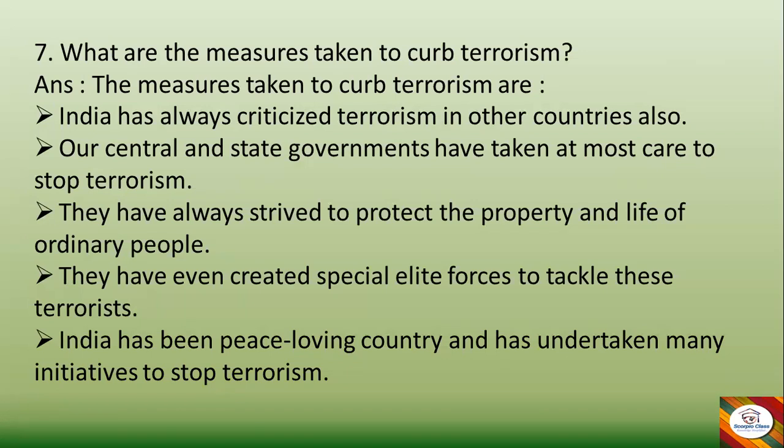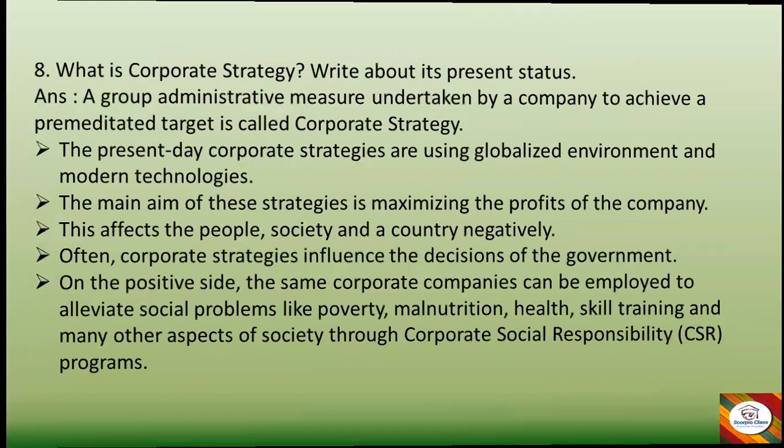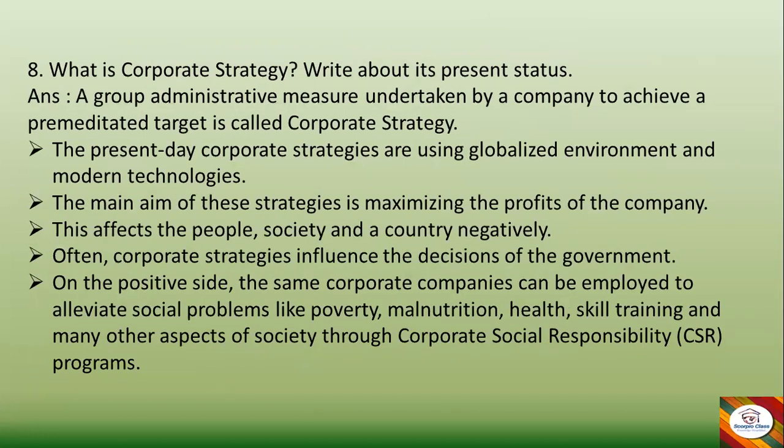Now moving to the next question. What is corporate strategy? Write about its present status. Answer. A group administrative measure undertaken by a company to achieve a premeditated target is called corporate strategy. The present day corporate strategies are using globalized environment and modern technologies. The main aim of these strategies is maximizing the profits of the company.